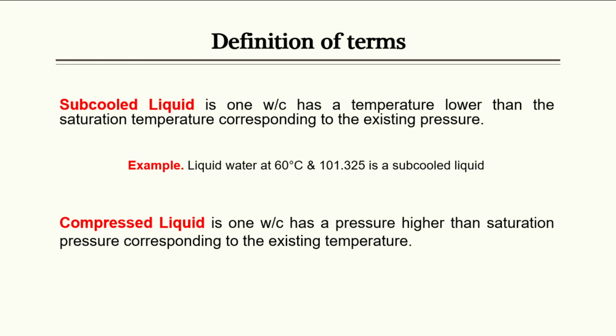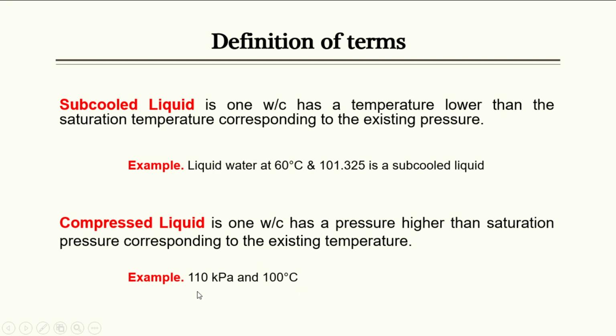So, kapag sinabi natin compressed liquid is one which has a pressure higher than saturation pressure corresponding to the existing pressure. So, kapag sinabi naman natin compressed liquid, sa pressure ka naman titingin. Yung pressure niya is mas malaki doon sa saturation. Like for example, yung 100 degrees Celsius, ilan dapat ang pressure niya? 101.325.